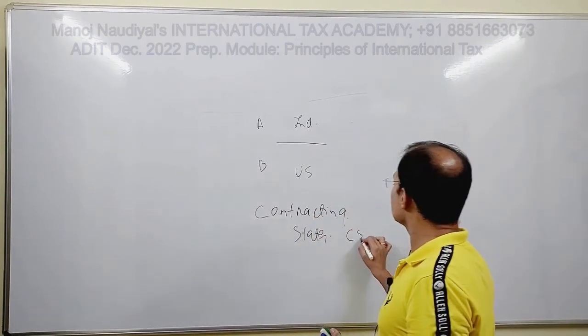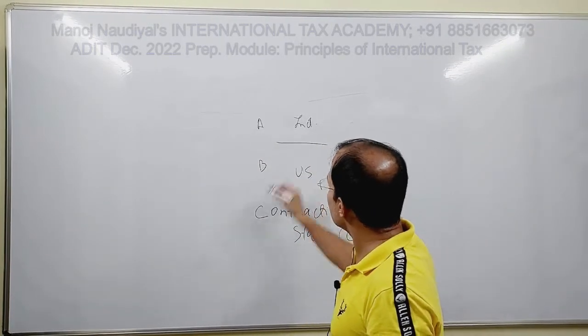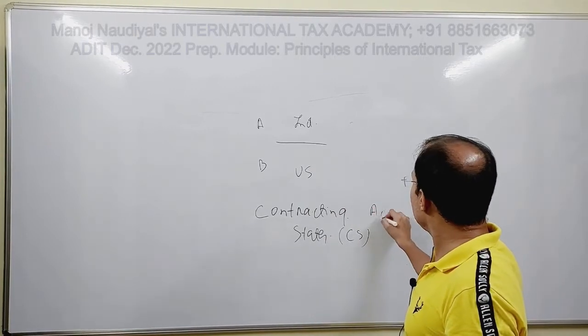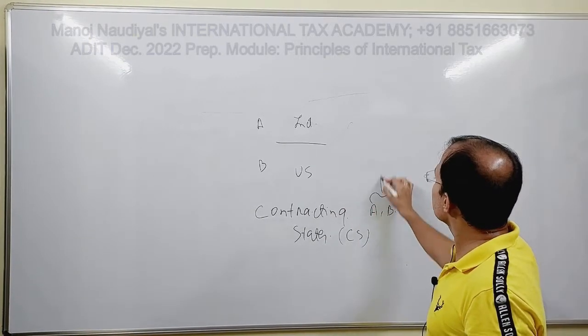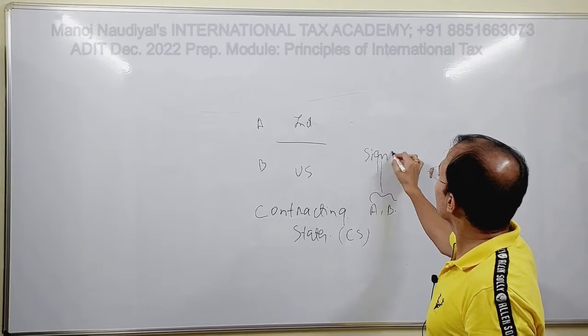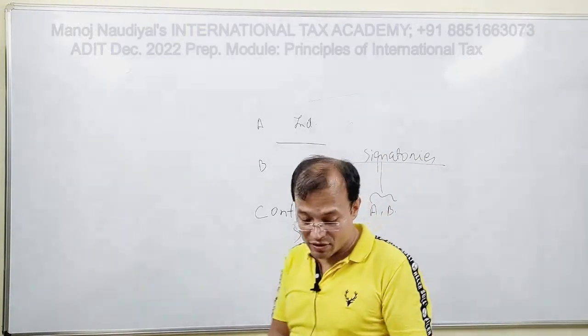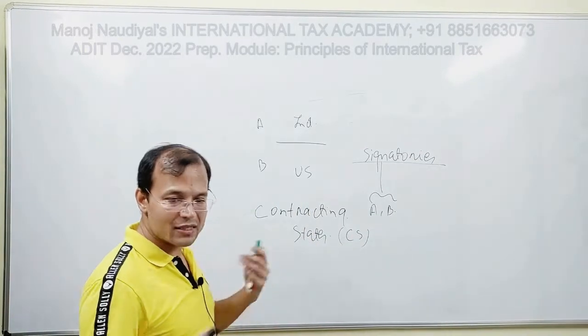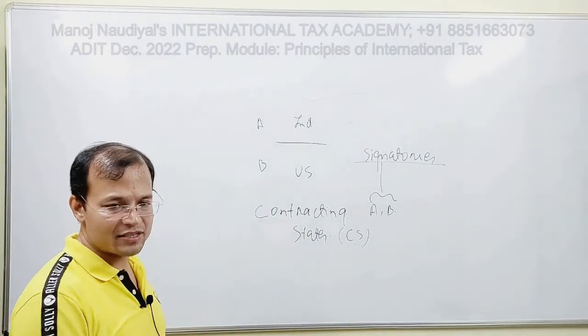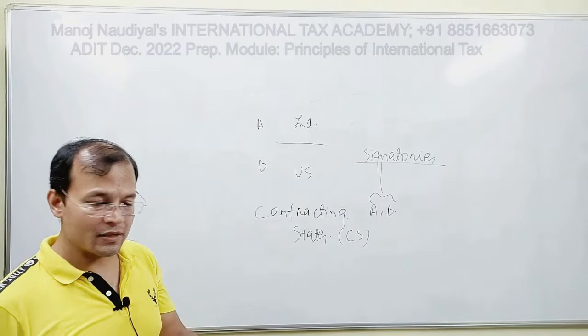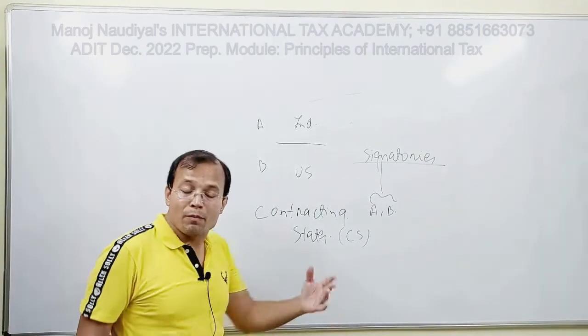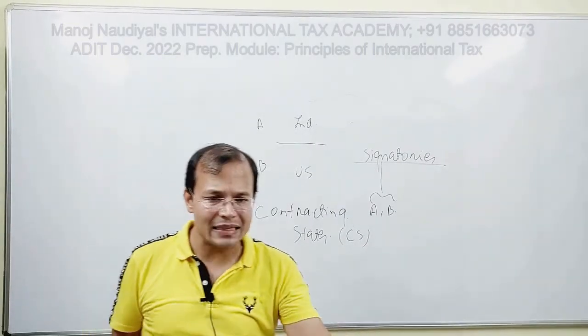A and B are signatories to a tax treaty. Participants, parties, countries who sign the tax treaty, they are known as contracting states.